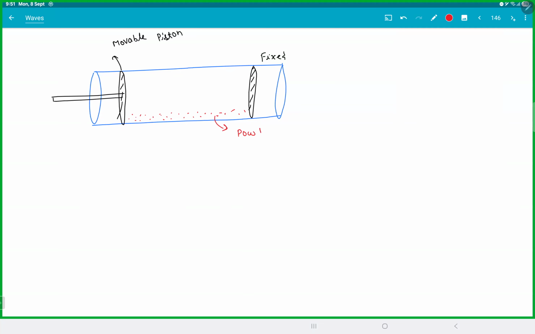Now tell me one thing. Whenever sound waves form, you'll have displacement nodes and displacement antinodes. What is the meaning of displacement antinode? The particles at displacement antinode will oscillate up and down with a large amplitude.